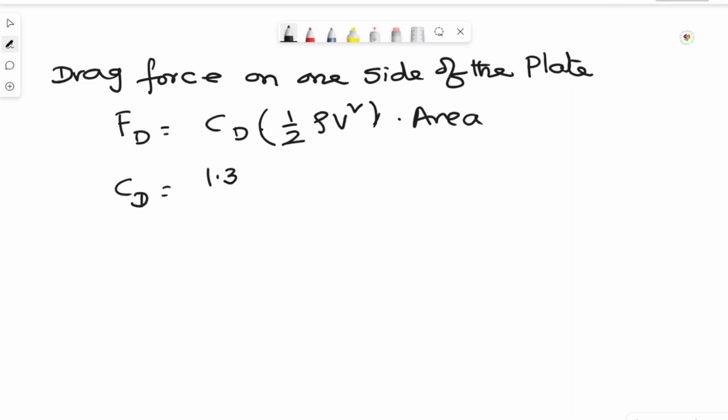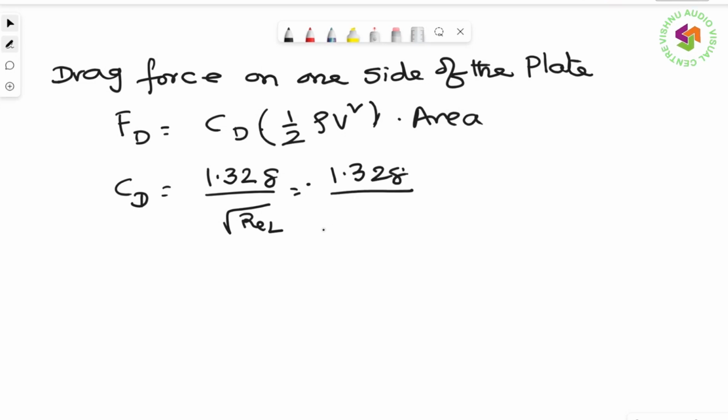It is 1.328 divided by root of Rel. We have already calculated the Rel value. So if I substitute that, 1.328 divided by root of 2,72,700, I will get the CD value.